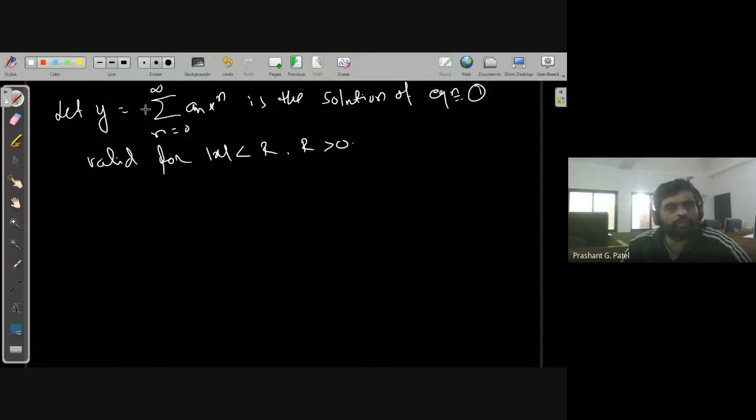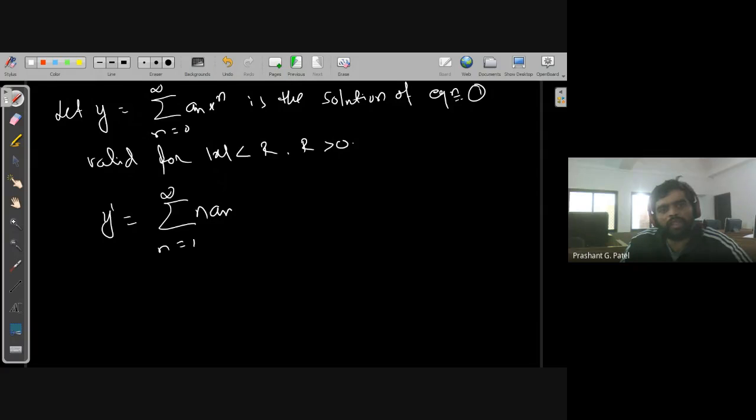So we have to substitute this value of y into equation 1. For that I need to know the derivative of y and the double derivative of y. So y dash will be summation n running from 1 to infinity n a n x raised to n minus 1, and y double dash will be summation n running from 2 to infinity n(n minus 1) a n x raised to n minus 2.